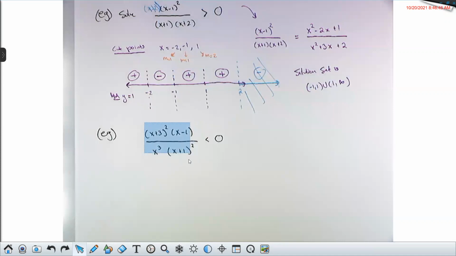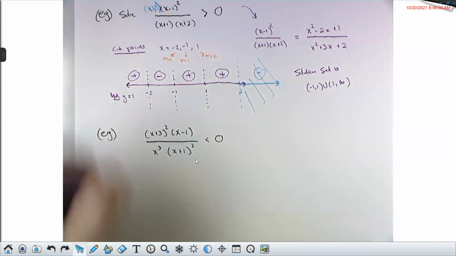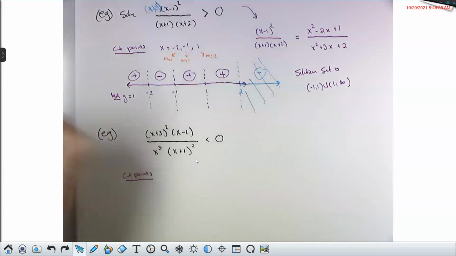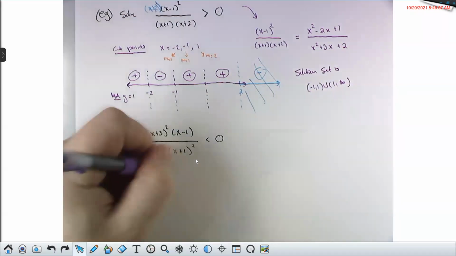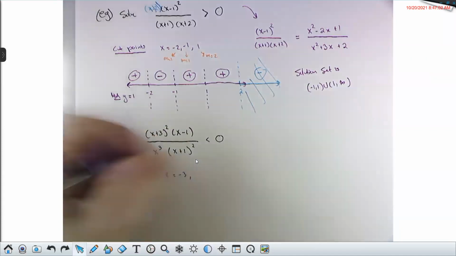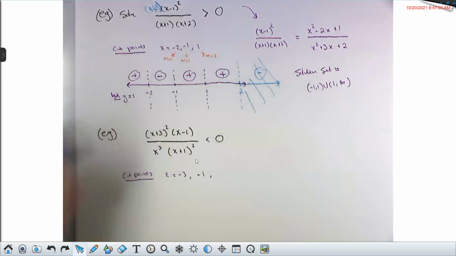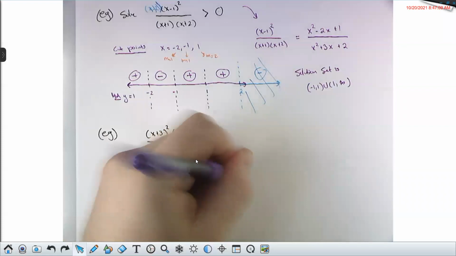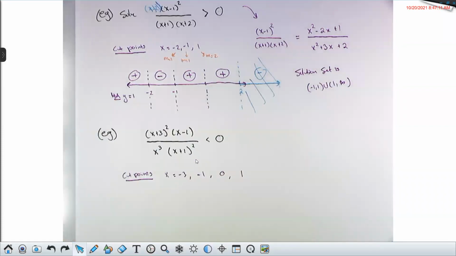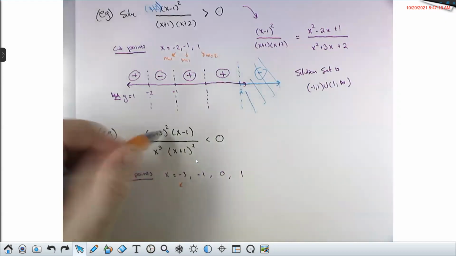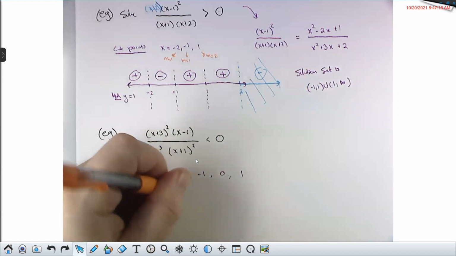So let's look at this guy. Now I've got other stuff of different multiplicities. My cut points here: I've got -3 from this guy, -1 from this guy, 0 from this guy, and 1 from this guy. And let's record each of their multiplicities. The -3 coming from this factor is multiplicity 2.